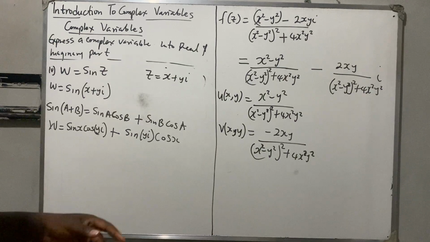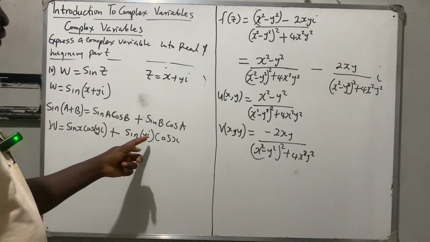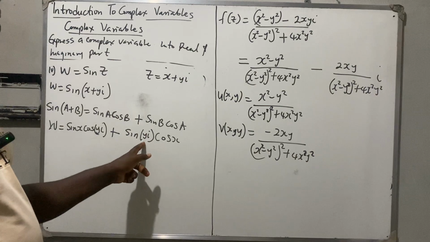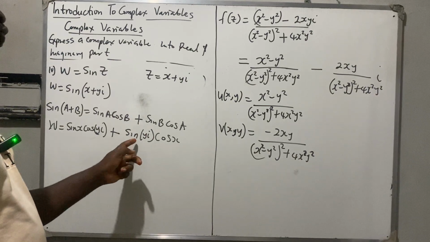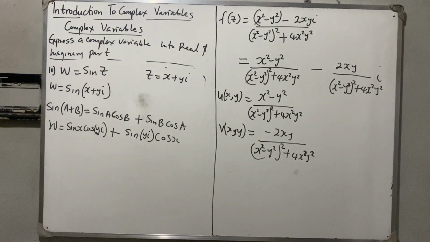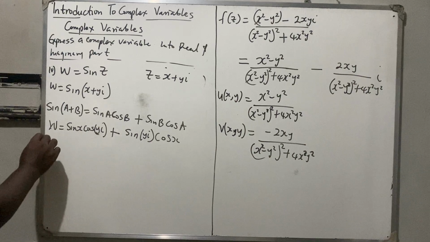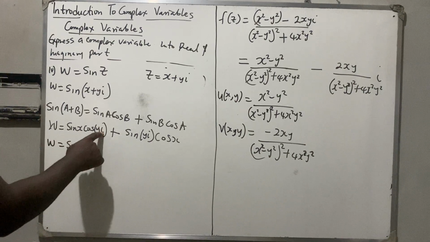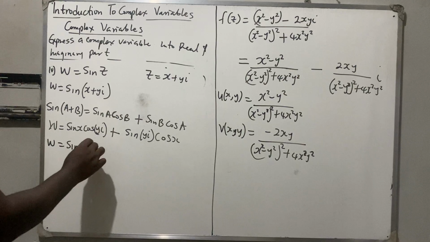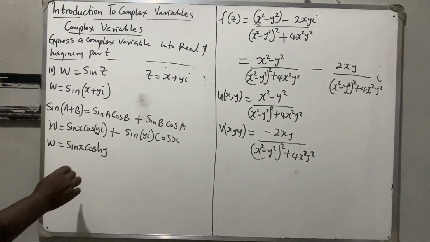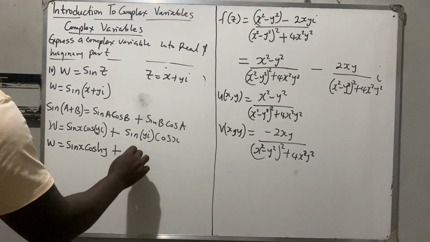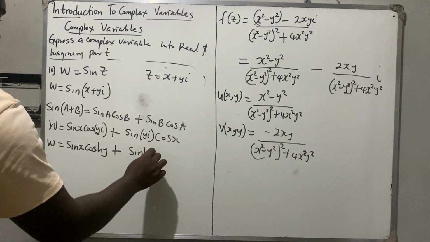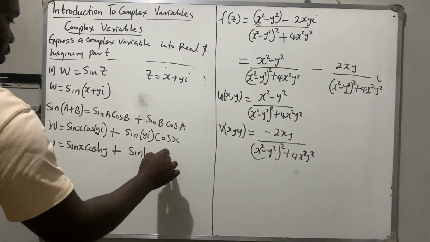The same thing here. Because of the i inside here, it will change to hyperbolic, but the i will come outside to show that sine is what? An odd function. So this will now give us W is equal to sine x, the i can disappear to now turn to cos y, plus sine y cos x.